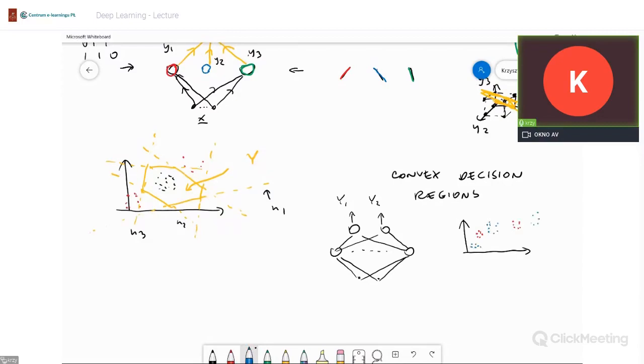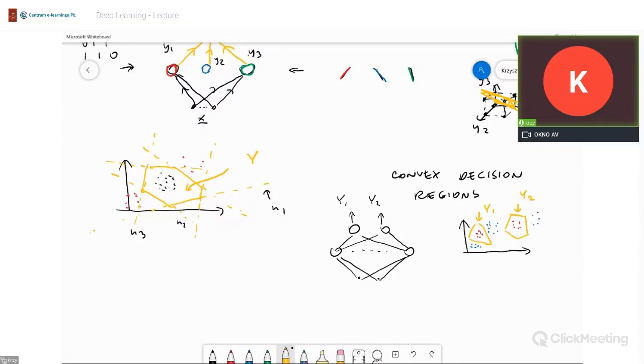So what I can hope is that I will be able to appropriately build convex regions for both areas or locations in space that contain red samples. For example, this will be covered by Y2, and this will be covered by Y1.